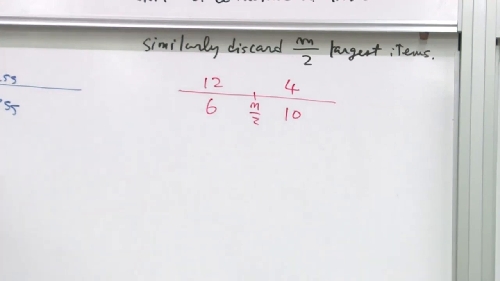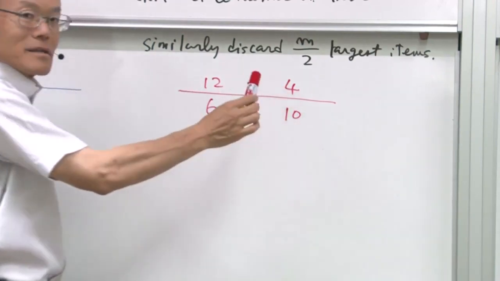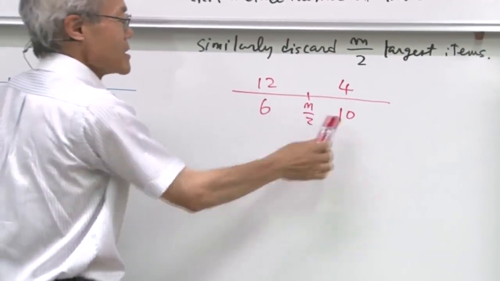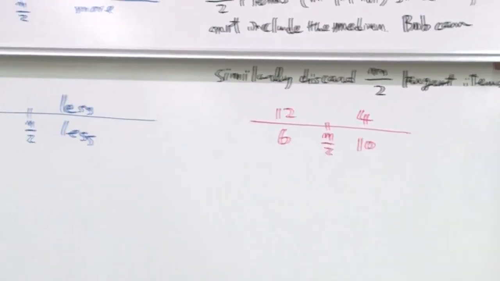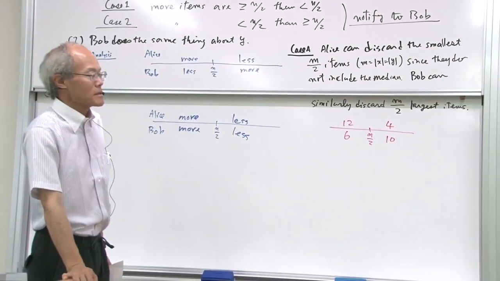Suppose that this is the case. Alice has 12 numbers here and 4 numbers there. Bob has 6 and 10. Okay, both have 16 numbers.